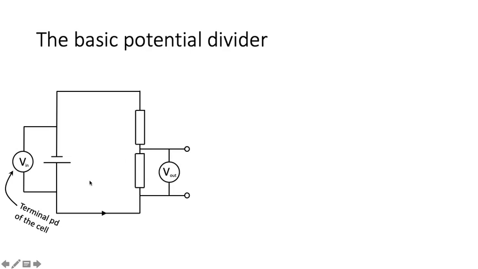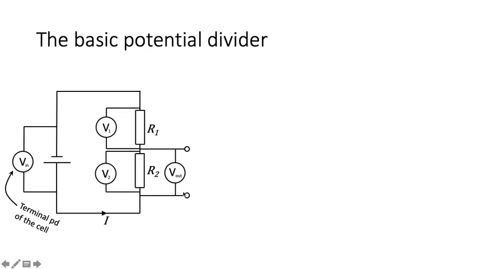So let's just get some terminology. V in is the terminal PD of the cell or of the energy supply, and V out is the potential difference that's available to the secondary circuit that we're passing on. We'll label our two resistors R1 and R2, and the potential across each of them is V1 and, in this case, V2.